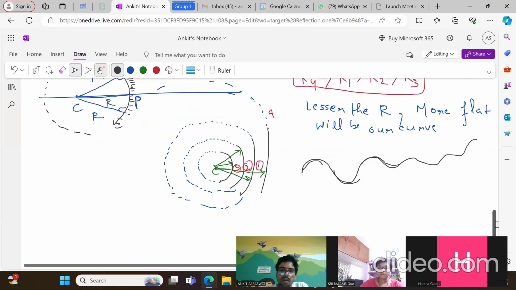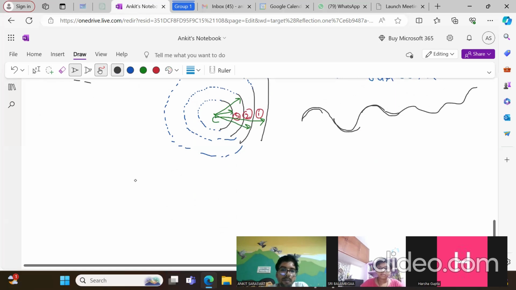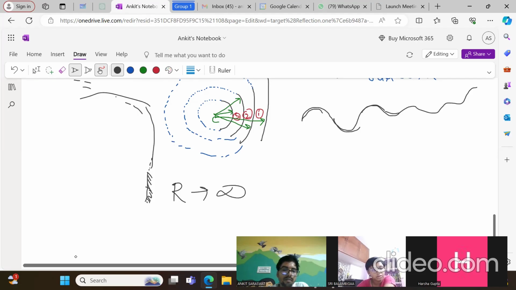For a plane mirror, what is the radius of curvature? This is more steeper. Zero, sir? Not zero. If you form a curve from which the sphere is very, very big, the radius of curvature will be infinite. Clear? But sir, it is flat.